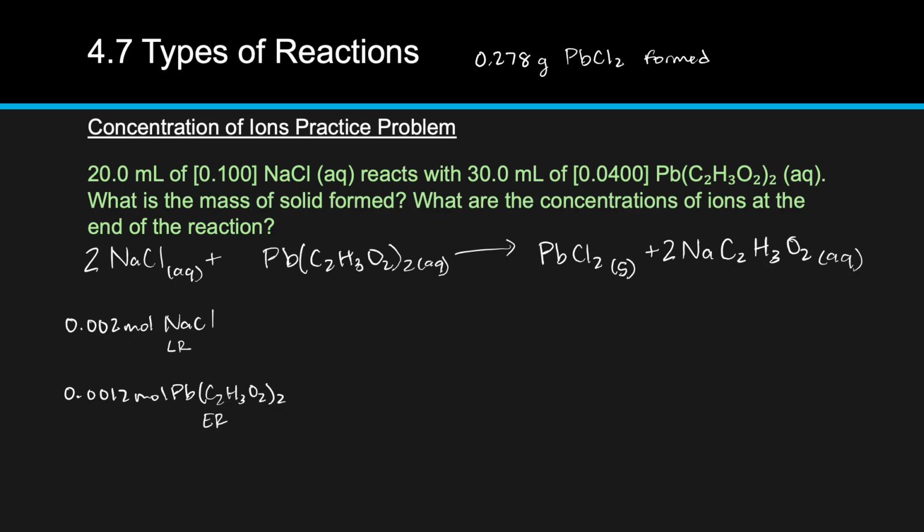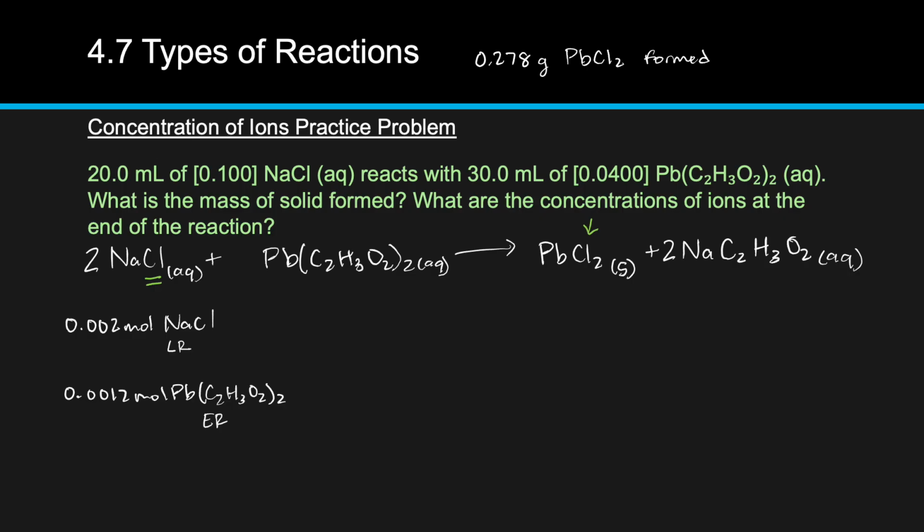Now what that means is that since NaCl is our limiting reactant, all of the Cl- ions were used to create PbCl2, which means in our final reaction beaker, there will be no Cl- ions present in the water. It will all be used to form the solid.